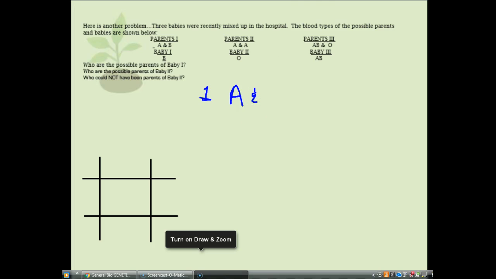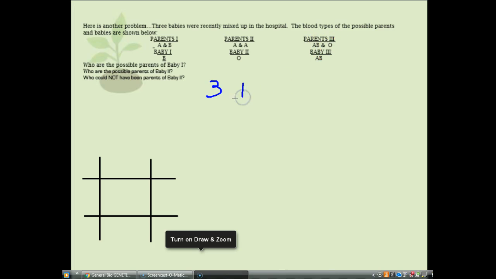You know what? Let me backtrack. Sorry about that. Let's look at what we know. We're going to look at parents 3 because we know a lot about parents 3. Parents 3 have A, B, and O blood type.